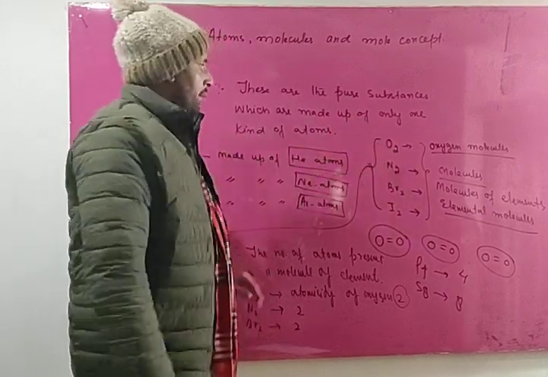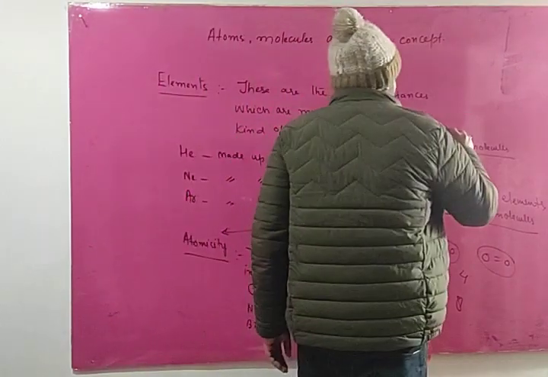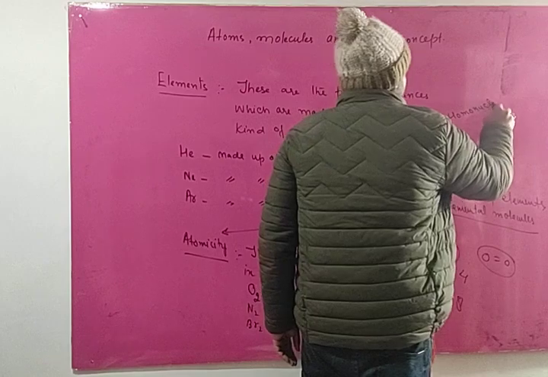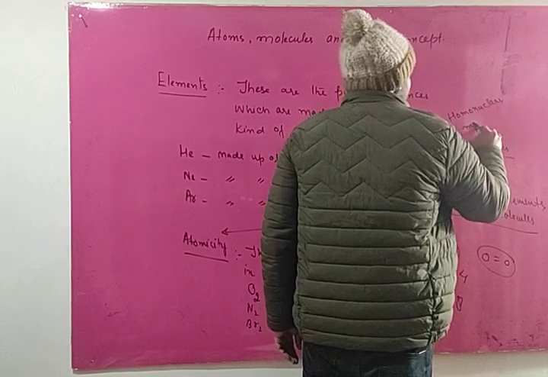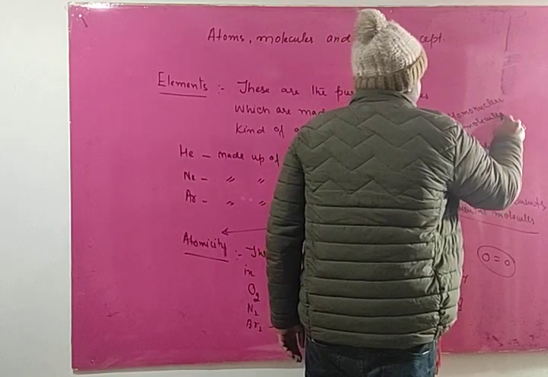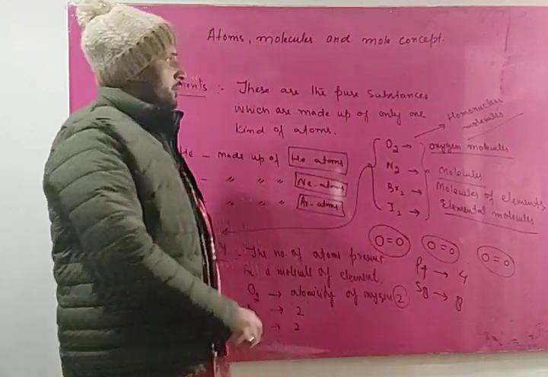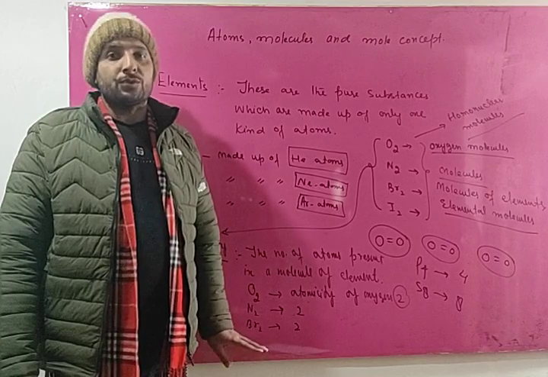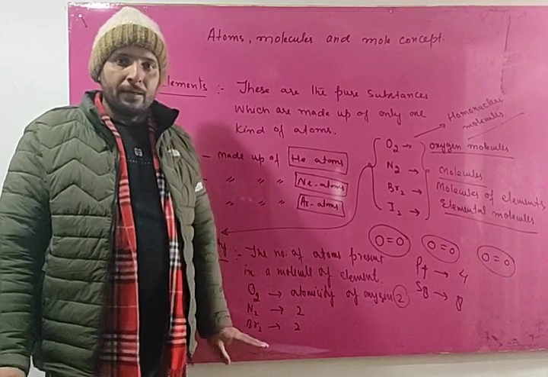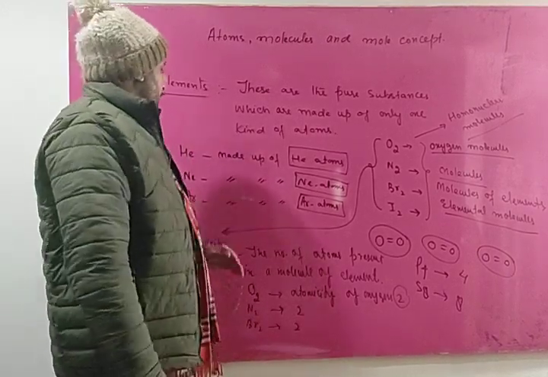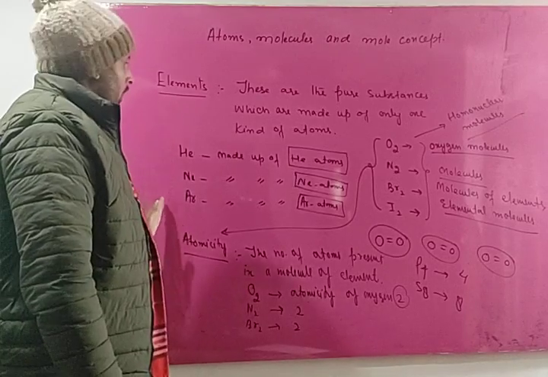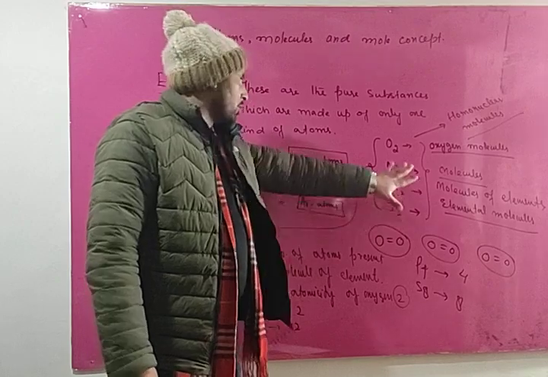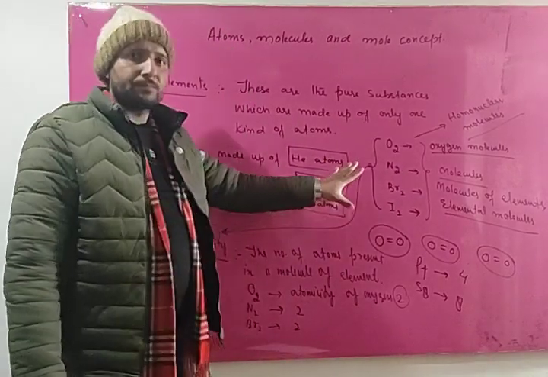These are also called homonuclear molecules. Okay? Now, we're talking about helium, neon, argon. We're talking about oxygen, nitrogen, bromine, iodine. These are all non-metals, right?